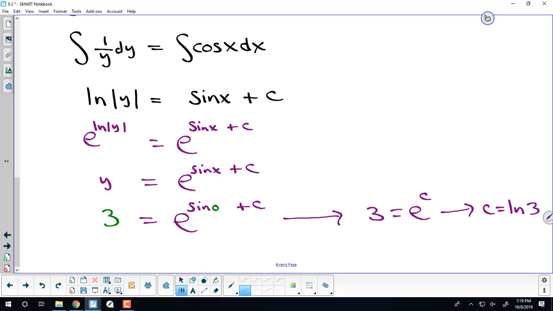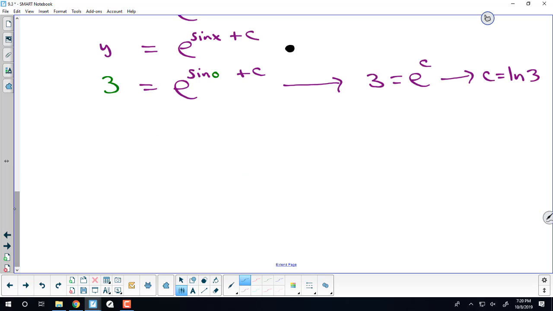You also want to be careful where you put that back in. Some people were putting it back into the implicit solution, ln absolute y, and just saying that y was sine of x plus ln 3. Right? So just be careful where you're putting that c back in, into the explicit form of the solution.